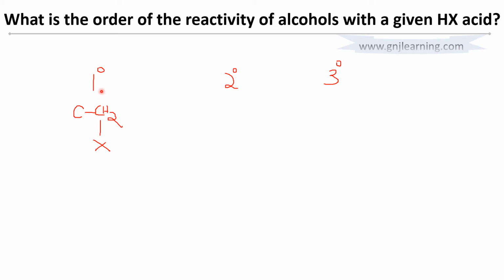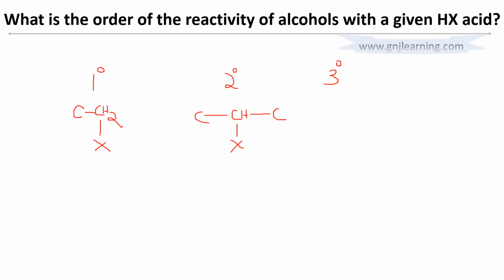Such a carbon is called primary. Now what is a secondary carbon? I will again draw it. I have a C here and a C here, and I have an X here. So this carbon is called secondary. And if the halide is attached to the secondary carbon, the entire halide is called a secondary halide.